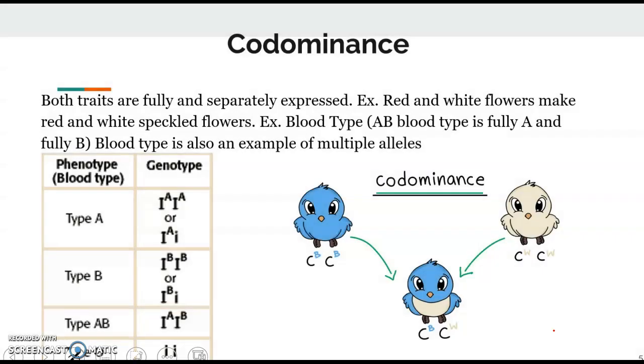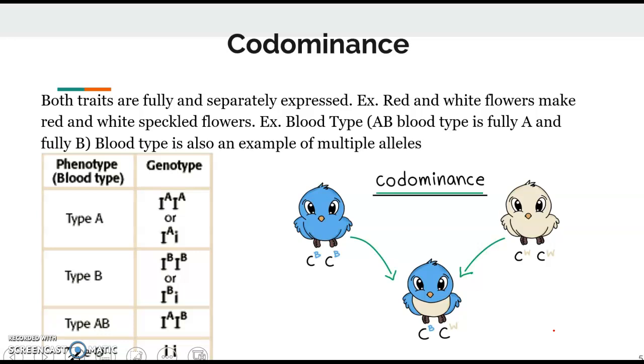Next one is codominance. Codominance is when both traits are fully and separately expressed. So you do the red and the white flowers, but instead of making pink, they make red and white. And this tells you that, hey, this is a codominant situation. All right. And the typical example for codominance is blood type.